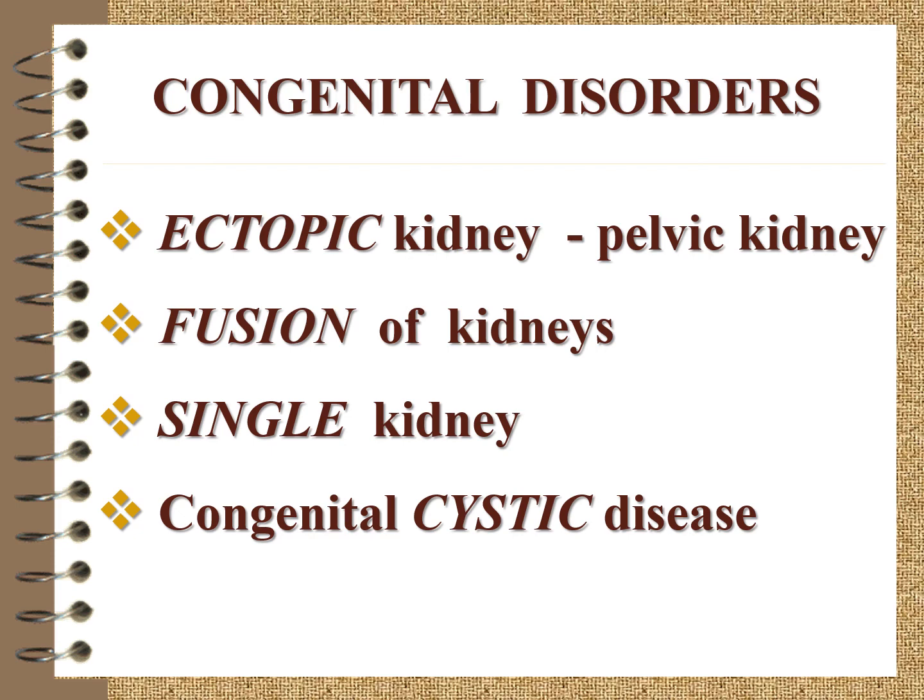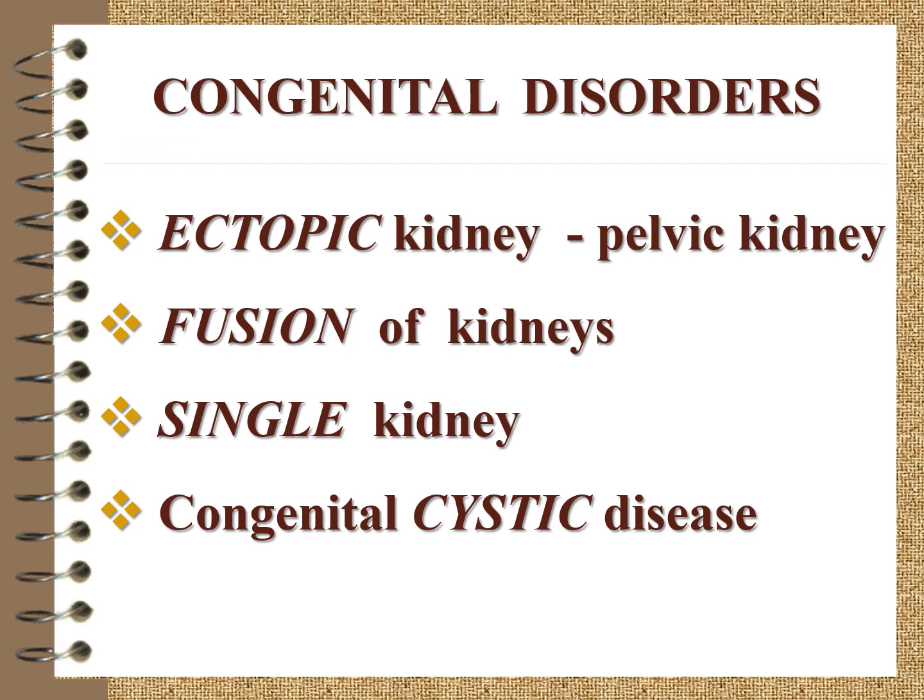Single kidney. This may be a form of fusion, and there may be two ureters. In other cases, there is absence or agenesis of one kidney, usually the left. There is no interference with renal function unless, of course, the single kidney becomes diseased.